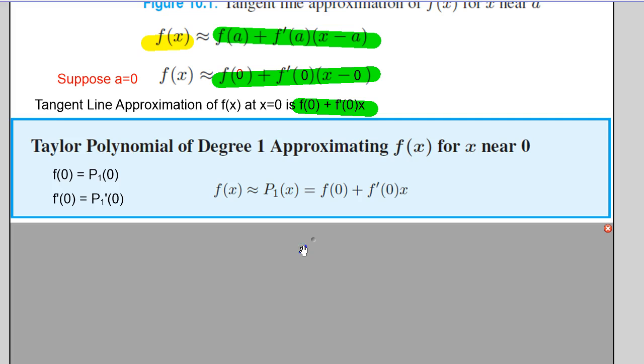And for a function to have a Taylor polynomial degree 1 approximation about x near 0, we need the function value and the Taylor polynomial function value at a, in this case 0, to match, and the first derivative of the function at a, or 0, to match the first derivative of the Taylor polynomial at 0.